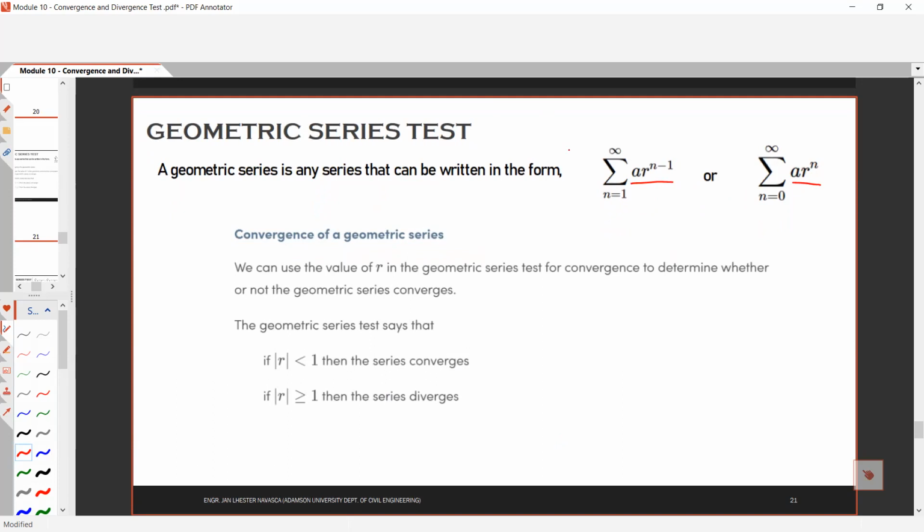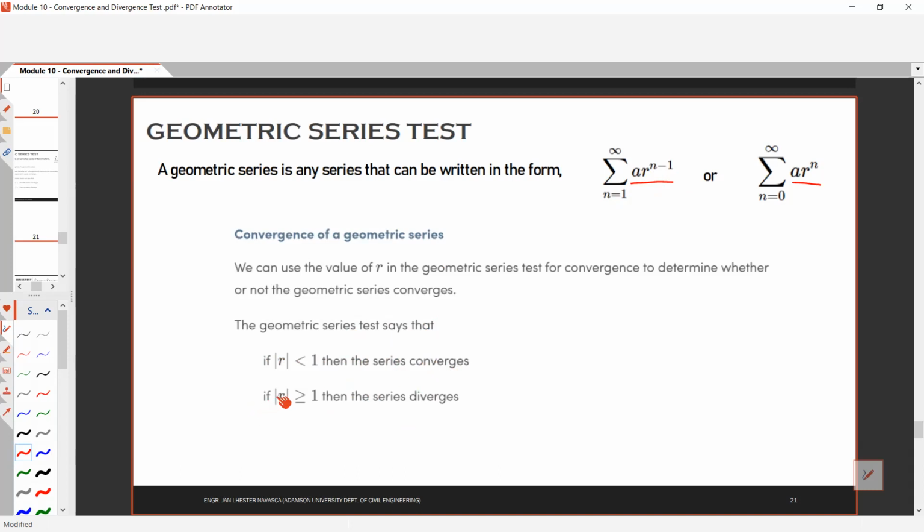So we can use the value of r in the geometric series test for convergence to determine whether or not the geometric series converges. The test says that if the absolute value of r is less than 1, then the series converges.